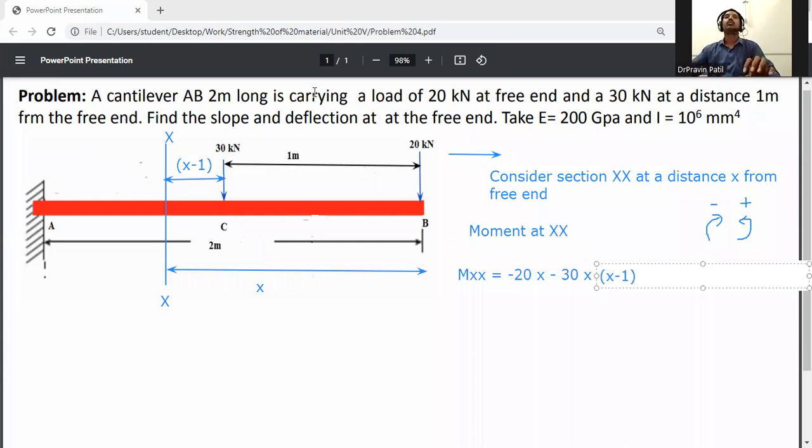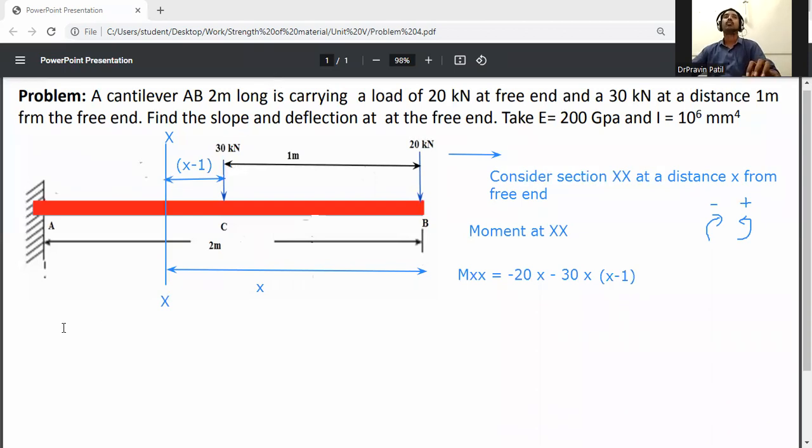Clockwise is a negative value, so I wrote a minus in front of 30.